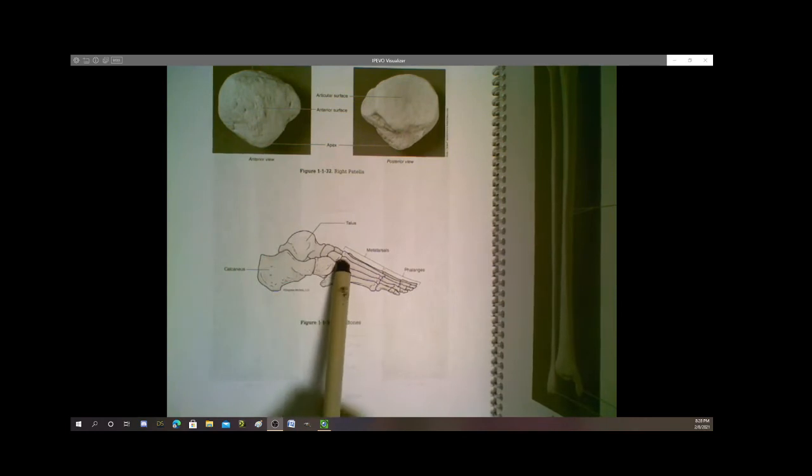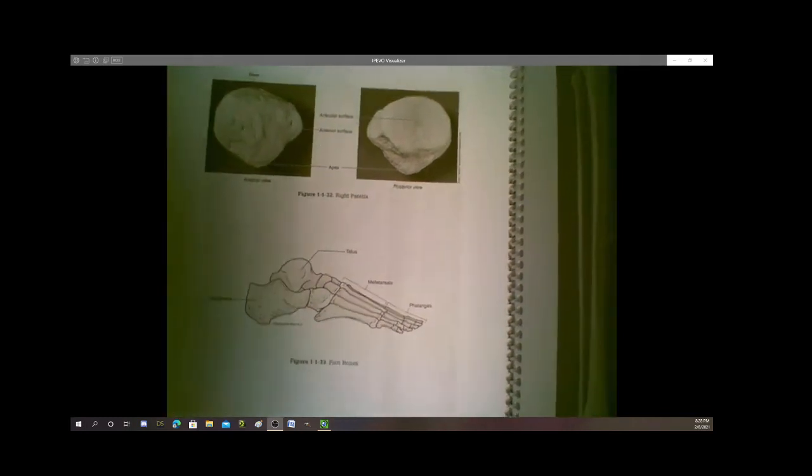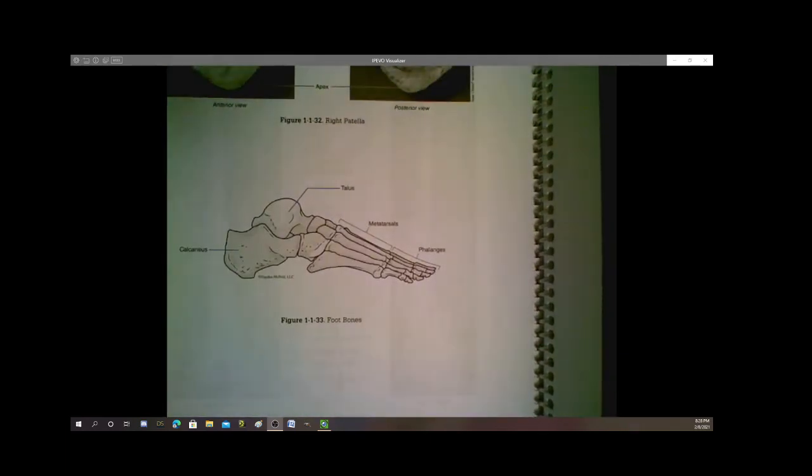Then the top of our foot is bones called metatarsals. And then our toes are all phalanges. And that's all I'm going to have you memorize. Because of my COVID situation, I'm going to give you a break on this stuff. I'm not going to really worry about left and right.